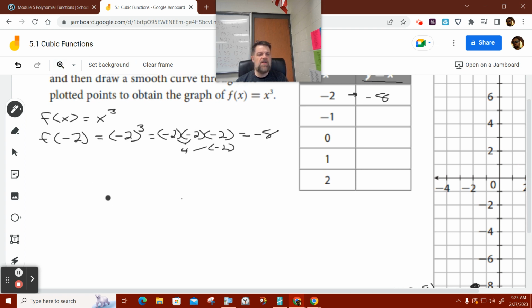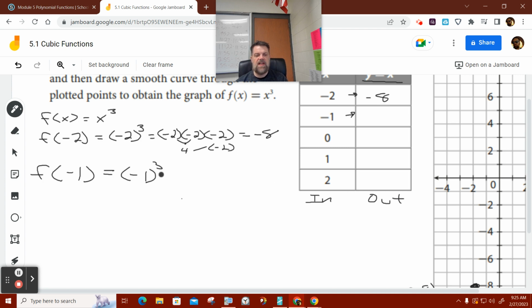So now the next thing I'm going to do is I'm going to plug in. We've been doing this on our calculators, but you could do it by hand, right? You guys are smart enough. So wherever there's an x, I'm going to plug in negative 1. In other words, I'm trying to figure out when I plug in my, remember, this is an input, and this is the output.